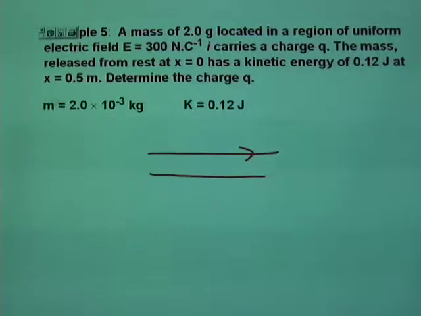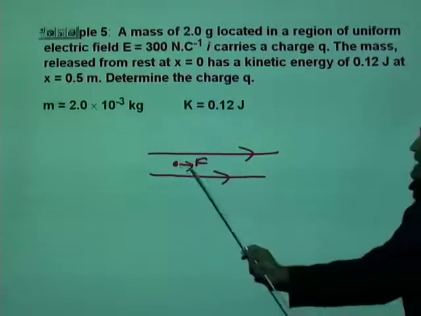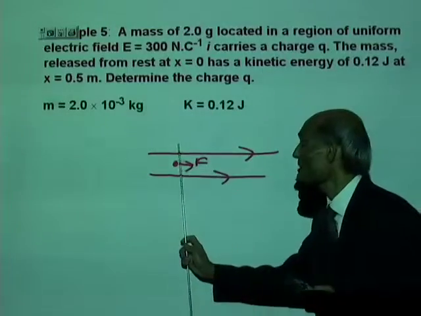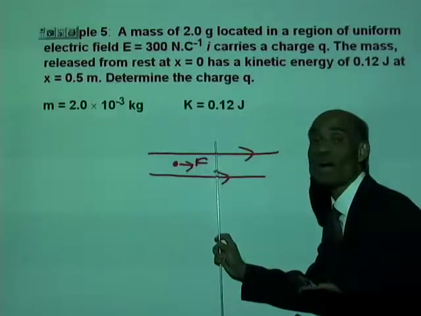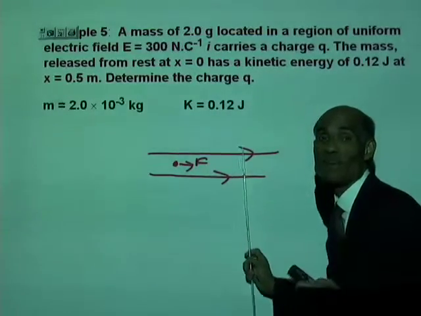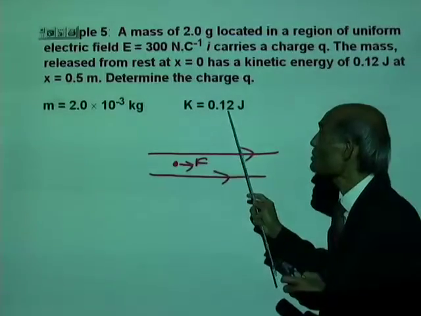This is the electric field, and this is the object that carries a charge Q. Assuming the charge is positive, it's going to experience a force in the direction of the electric field. That means as it moves, it is going to acquire speed, and that is why it has kinetic energy.